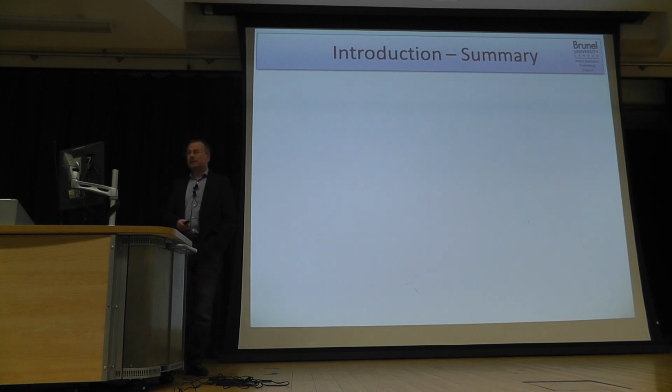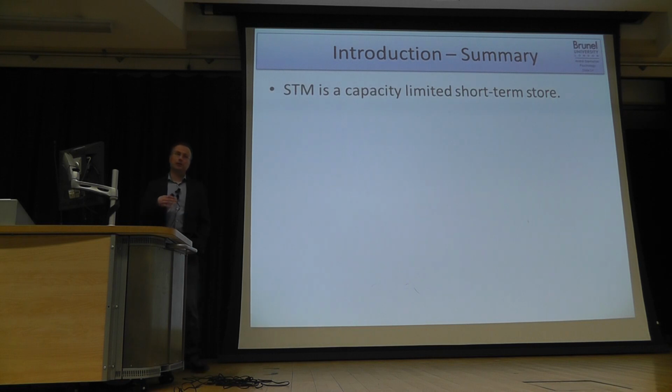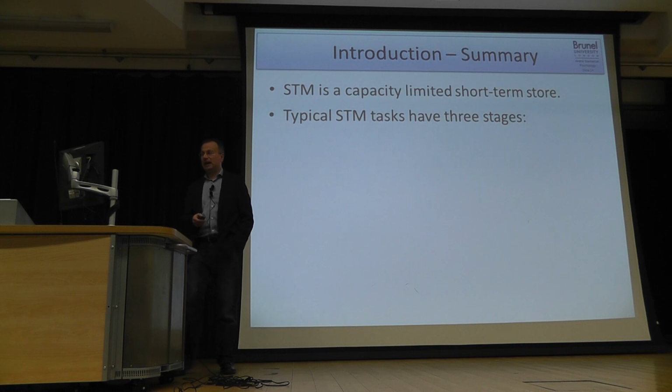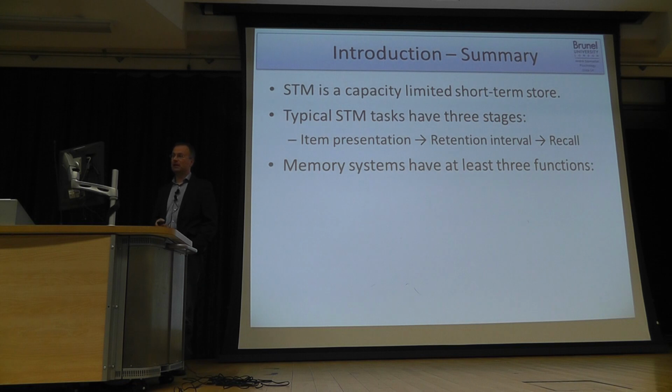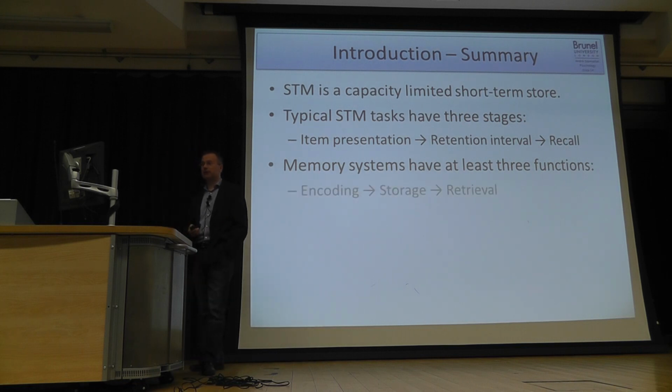Okay, so to conclude or summarize the introduction, we have seen that short-term memory is a limited short-term store, and that typical short-term memory tasks have 3 stages: the item presentation, the retention interval, and the recall, and each has many parameters. And memory systems can have at least 3 functions.